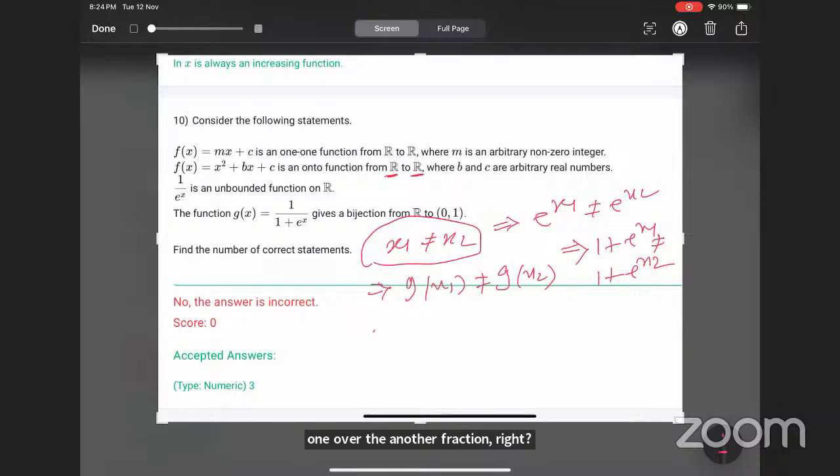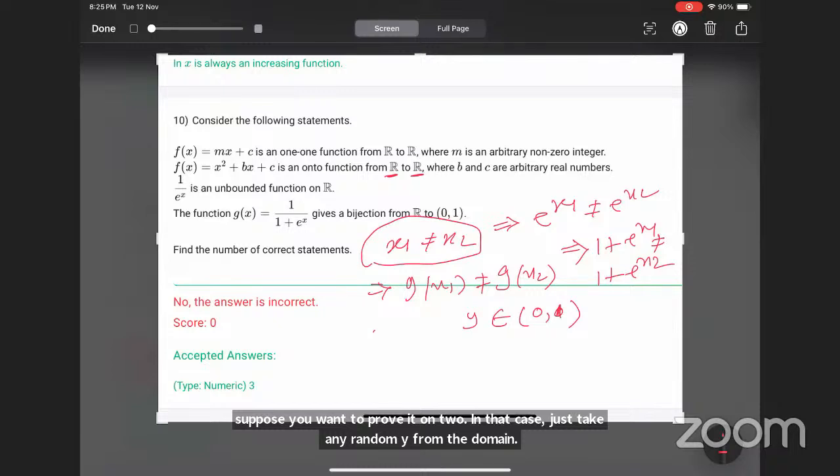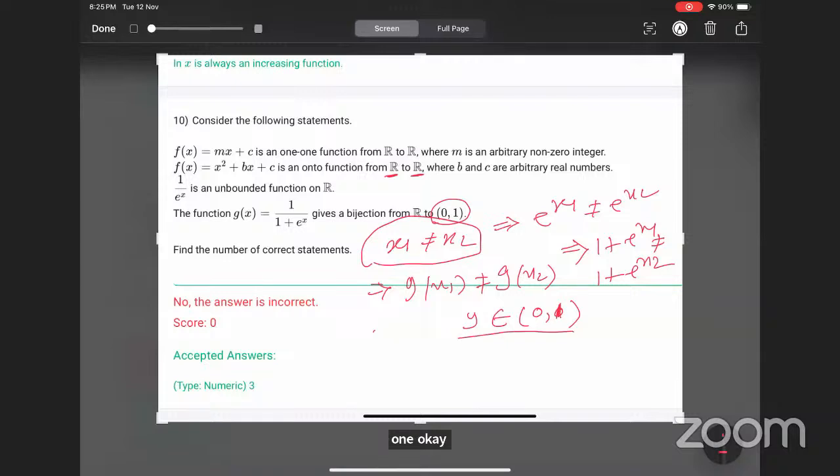So this is the general way that we can prove this in general. And suppose you want to prove it is onto, in that case, just take any random y from the codomain. Here the codomain is (0, 1). So I just took a random y from the codomain.